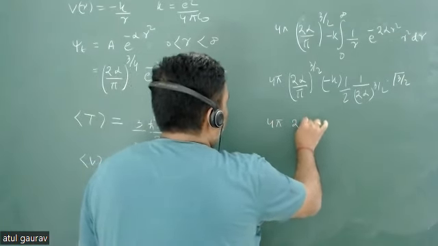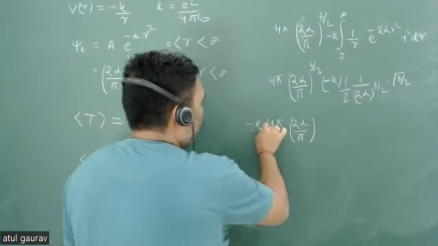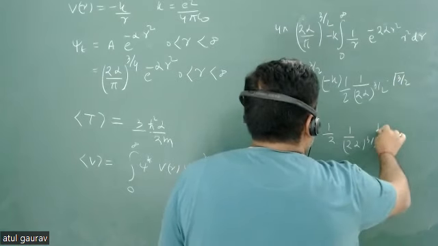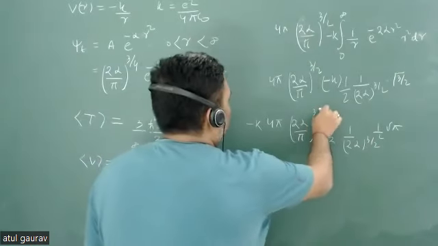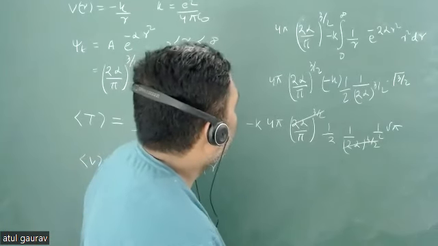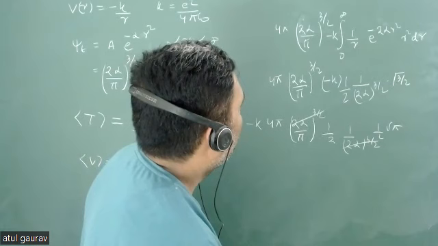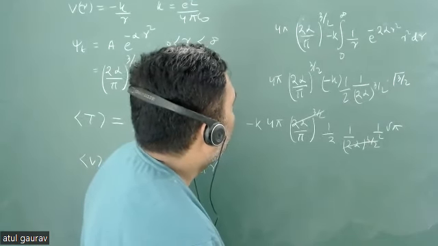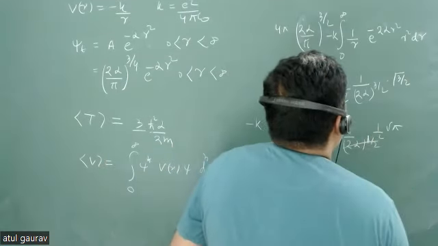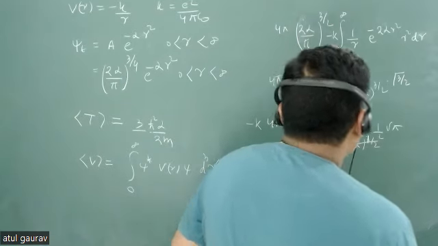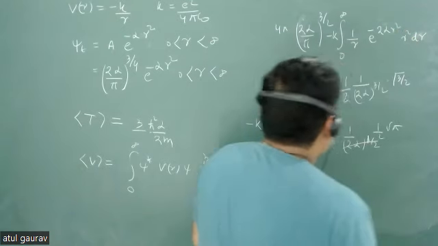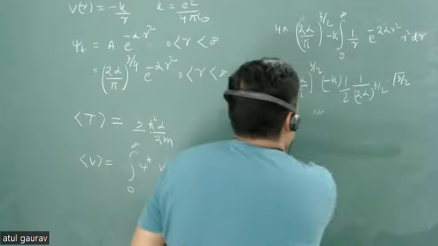You have 4 pi, 2 alpha upon pi, and minus k is there, 1 upon 2 alpha to the power 3 by 2, and what will this value be? Half root pi. And this is also 3 by 2, so this 3 by 2 will cancel out. Alpha is all cancelling out. My goodness, something must be wrong. Sir, 1 by r and r square were there, so one r will cancel, so 2 alpha to the power 3 by 2 will not come, 2 alpha to the power 1 by 2 will come. How will 1 come? One r cancelled, so r to the power 1. Sorry, something is going wrong here, just a minute.